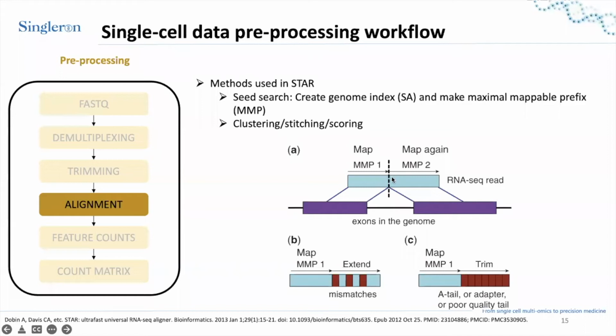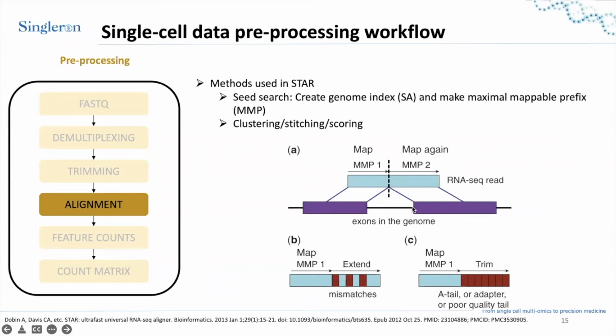And then it will stop here and map again from the leftmost location of the remaining read, taking the MMP1 as the anchor to look for the remaining sequences in the nearby exons, and try to map again. So sometimes it can stop multiple times, and it is possible to allow some mismatches, where this process starts and stops several times.